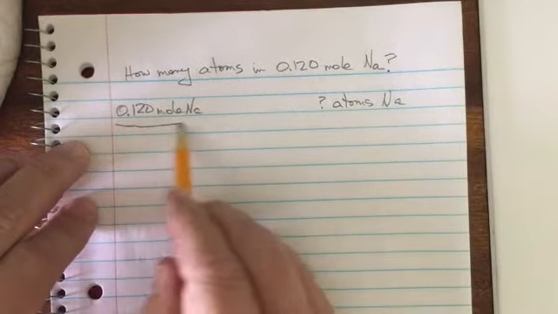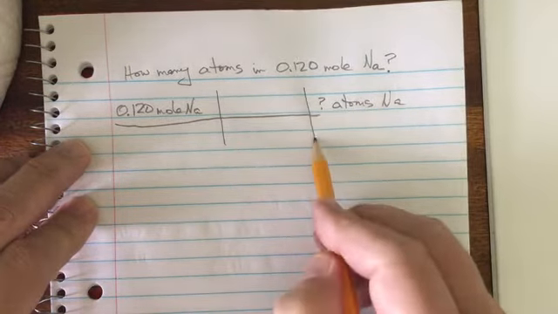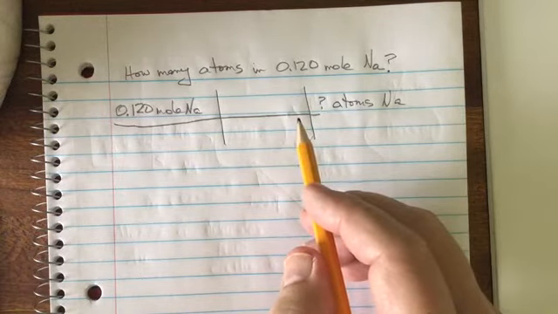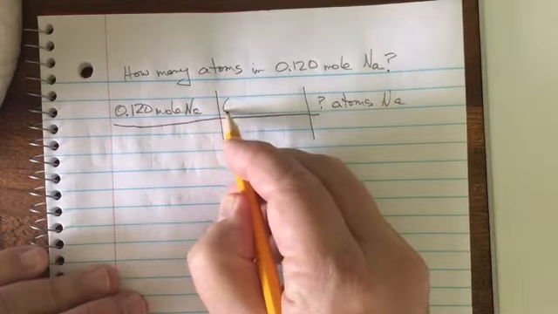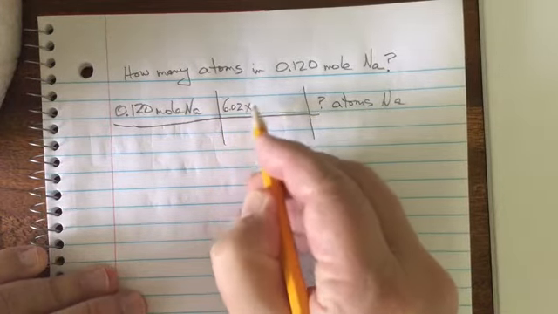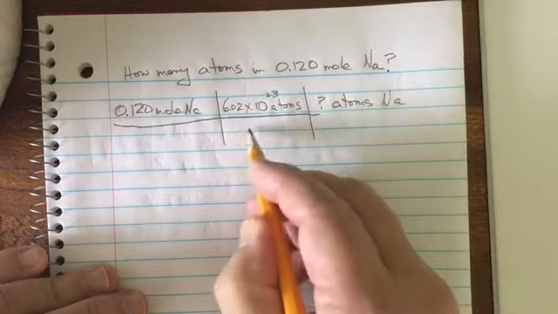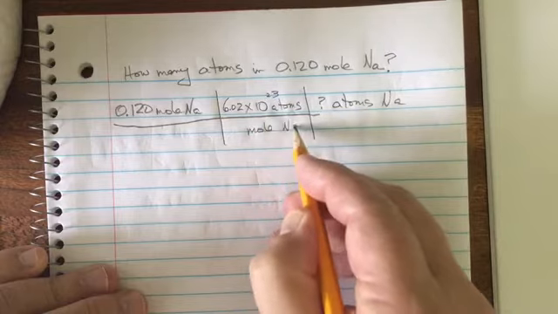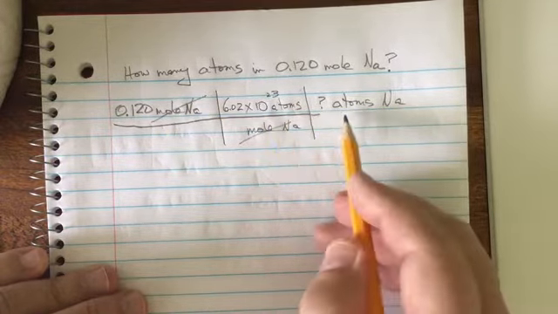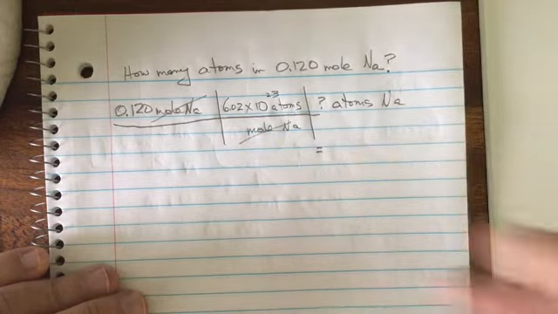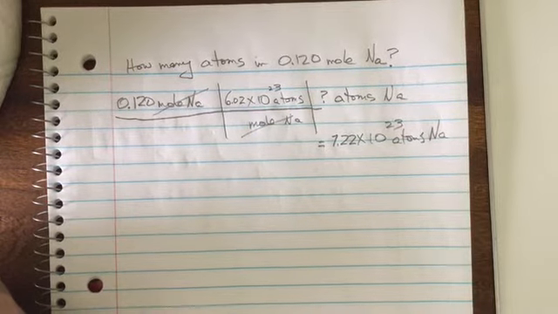Step 3, to get from 0.12 to my answer, as I showed in the chart, I'm going to multiply by Avogadro's number of atoms, because I know there's 6.02 times 10 to the 23 atoms in every mole of sodium. My moles cancel as units. All I have left is atoms, and that's what I want in my answer. And the answer is 7.22 times 10 to the 23 atoms of sodium.